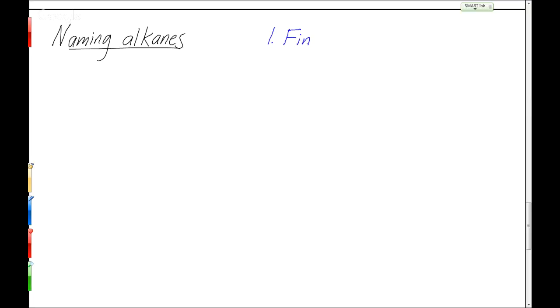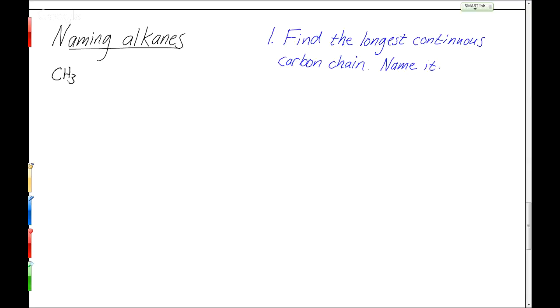So our first step is going to be to find the longest continuous carbon chain, and then name it. So let's do an example. Here's one of the pentane isomers that we looked at above.